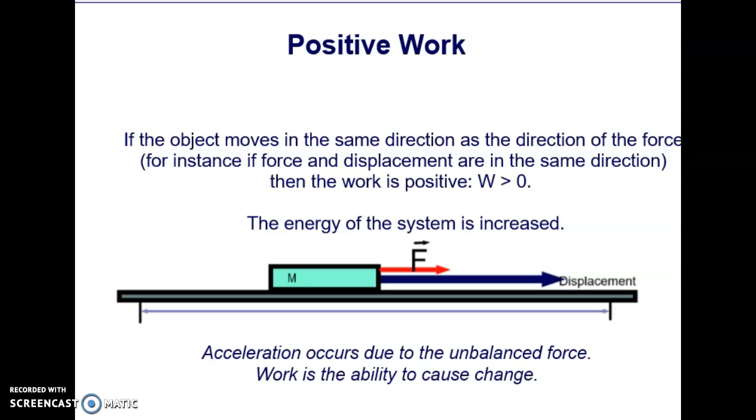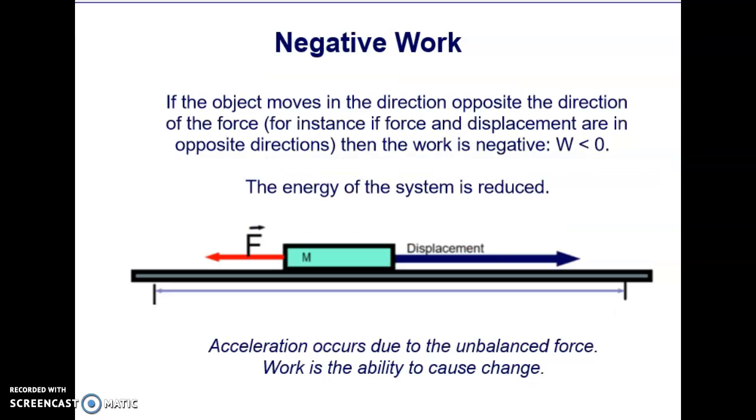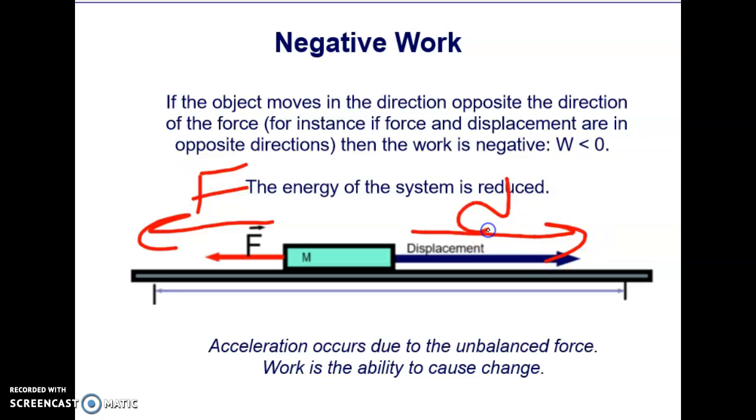Okay. The next one we could see is that I can look at work as a vector quantity, meaning that it has direction. If the force and the distance that it moves are in the same direction, we're going to call that positive work right there. Okay. If the force is in the opposite direction of the displacement or movement, we're going to call that negative work right there.